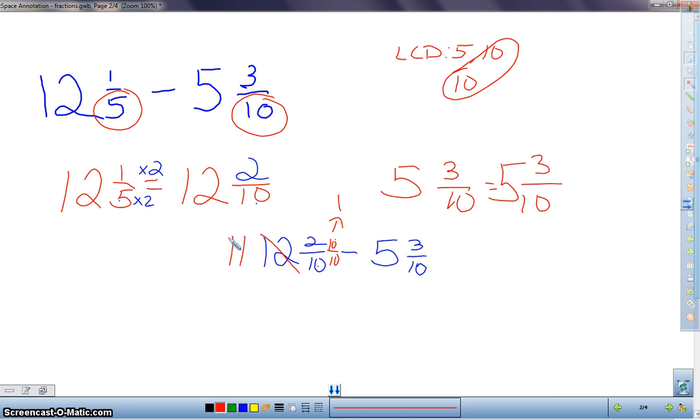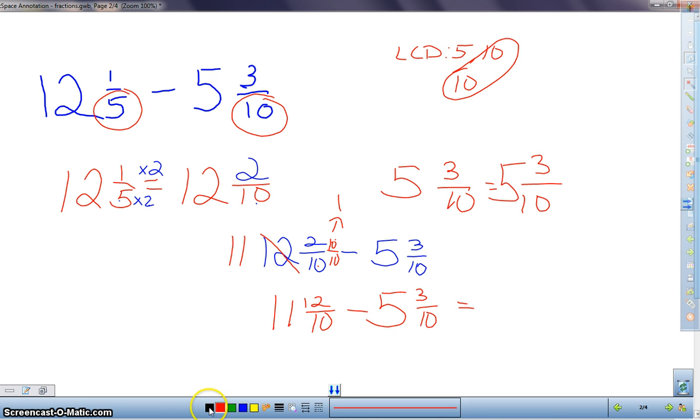Remember that the reason we choose 10 over 10 is because my denominator is 10. So I get 11 and 12/10 minus 5 and 3/10.